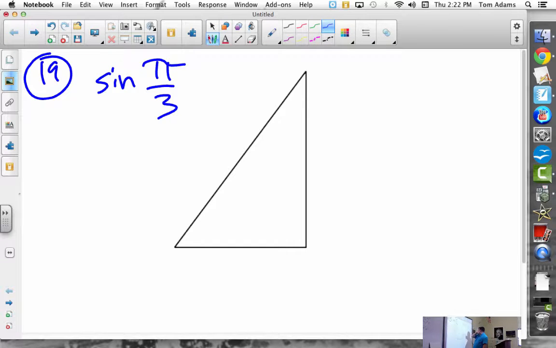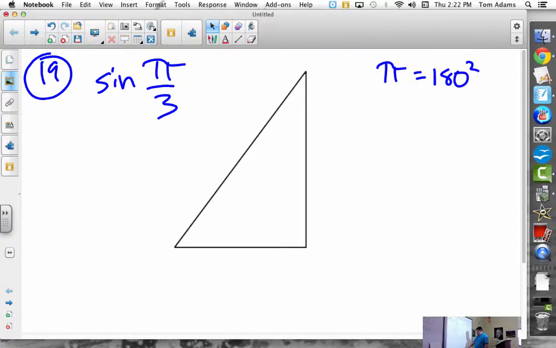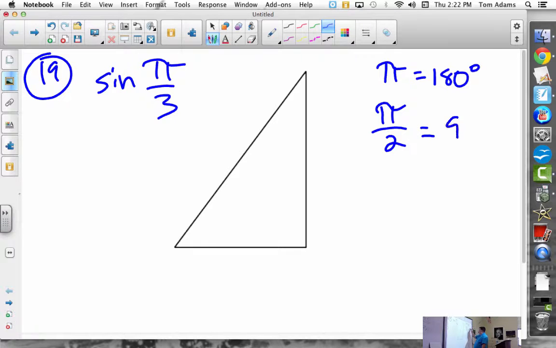You guys haven't memorized this yet, but you should know that pi is equal to 180 degrees. And if you divide 180 degrees by 2, then pi over 2 is equal to 90 degrees. And if you divide that by 2, then pi over 4 is equal to 45 degrees.